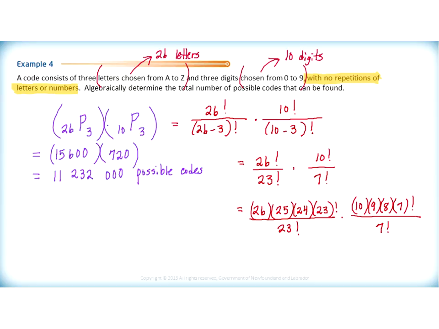We'll stop there because of the 7 factorial in the denominator. Notice that we could cancel the 23 factorials and the 7 factorials, and when you multiply 26 times 25 times 24 times 10 times 9 times 8, you still get 11,232,000 different codes.